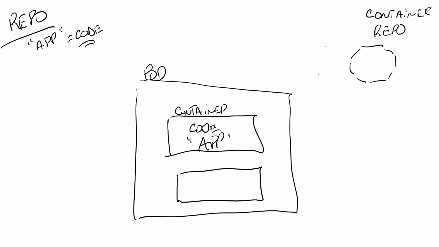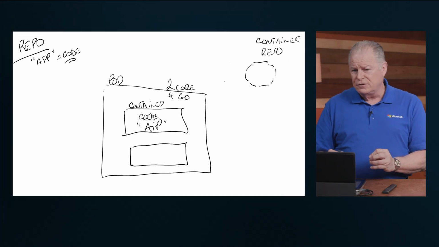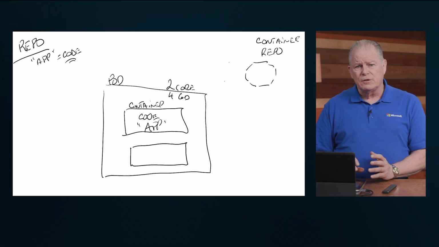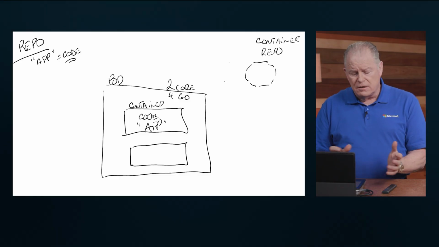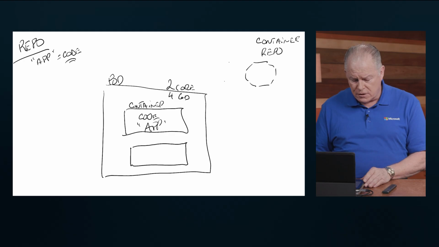So the pod might have 2 cores that you're allocating for it, maybe 4 gigabytes of RAM, and then the containers that are in that pod would share those resources. I also drew the analogy to another recording that we had when we took a look at app service plans and how they very closely mirrored this whole hierarchical structure.